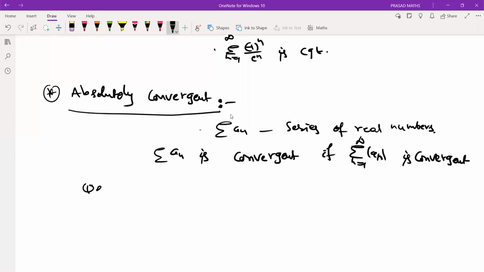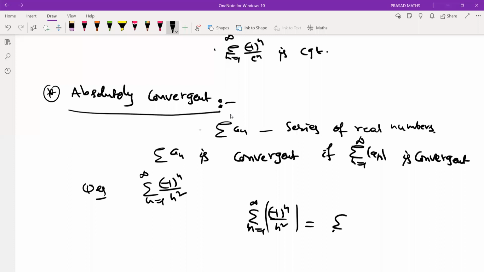Suppose you take this example: summation n equals 1 to infinity (-1)^n by n square. The question is, is it absolutely convergent or not? Obviously it is absolutely convergent, because the modulus of this series is exactly summation n equals 1 to infinity 1 by n square.